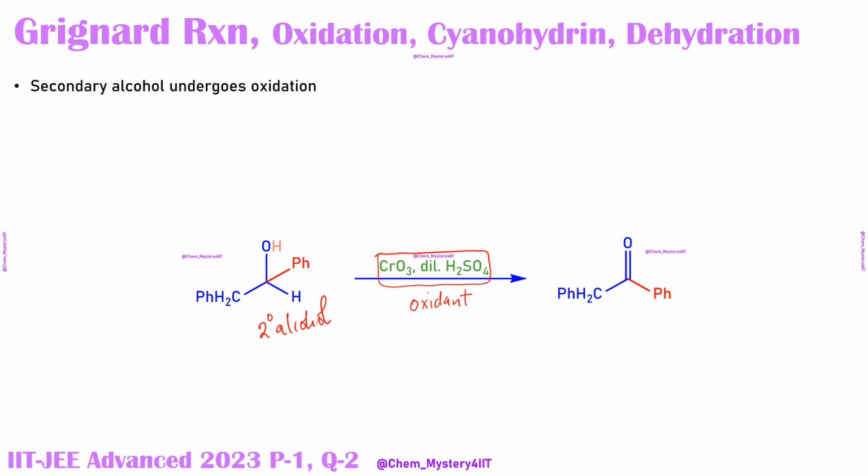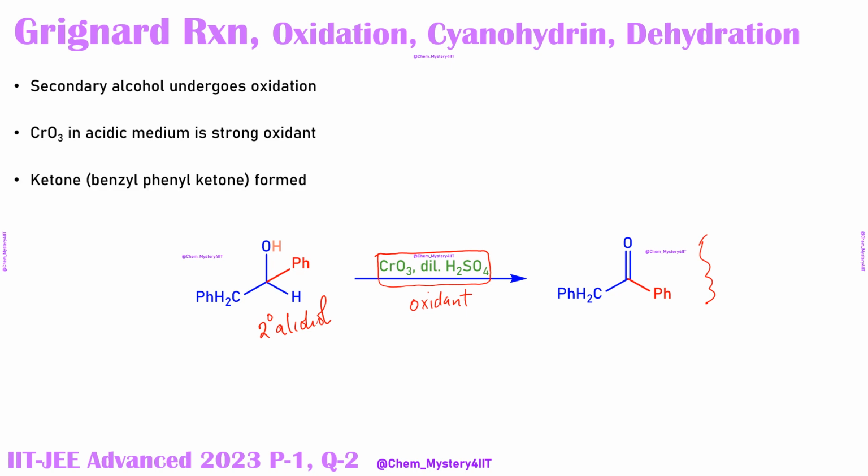Although it is strong, if you are not using heat, the ketones which are formed will not be further oxidized. If we use heat as well, these ketones may further be oxidized, and we could have got the corresponding carboxylic acids as the final product. With no heat given, we understand the reaction will stop at this particular stage, where the ketones are formed.